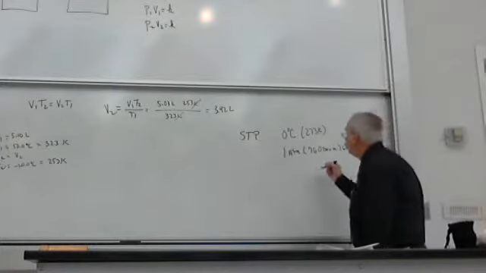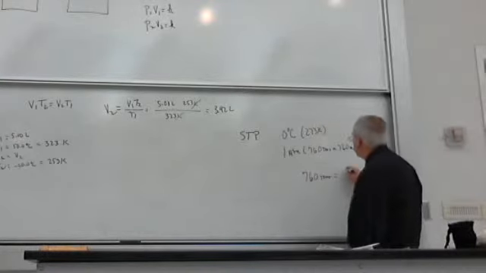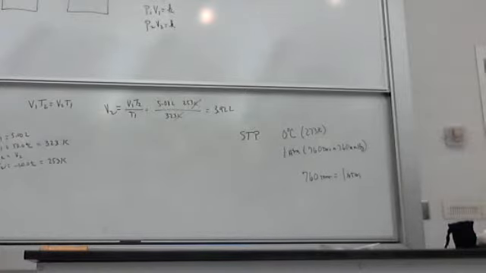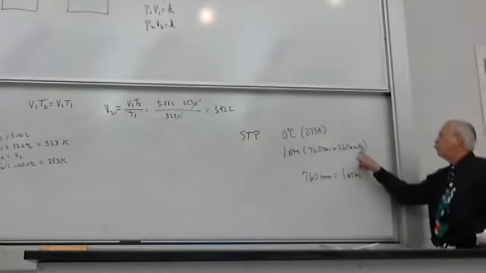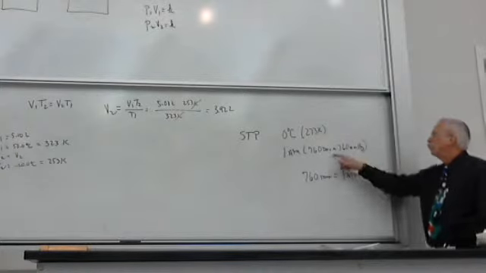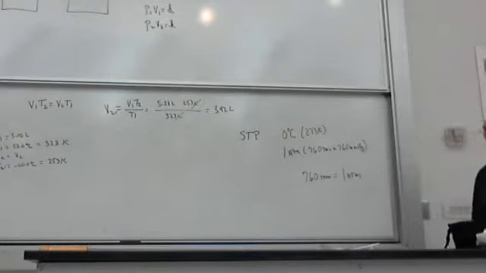I will give you the conversion factor: 760 torr is equal to 1 atmosphere on the front page of the exam. Now I'll probably forget to put millimeters of mercury, or I might put millimeters of mercury instead of torr. So you should know that those two really mean the same thing. It doesn't matter which one of those we use, but they're different than atmospheres.